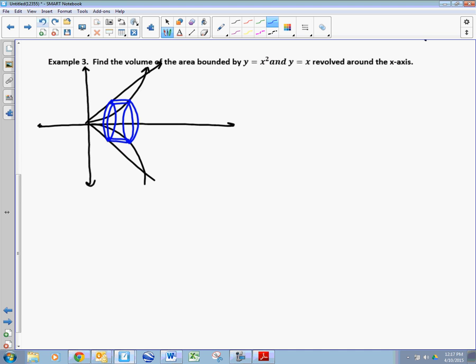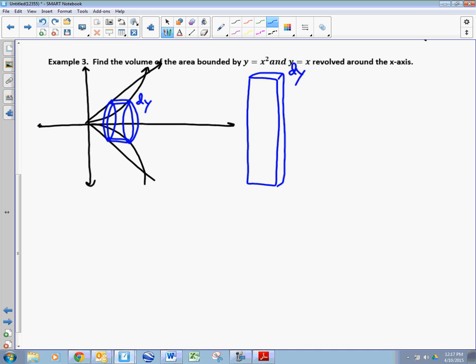Get this shape. What's my thickness? dy. Because my rectangle had vertical thickness. So I've got dy.